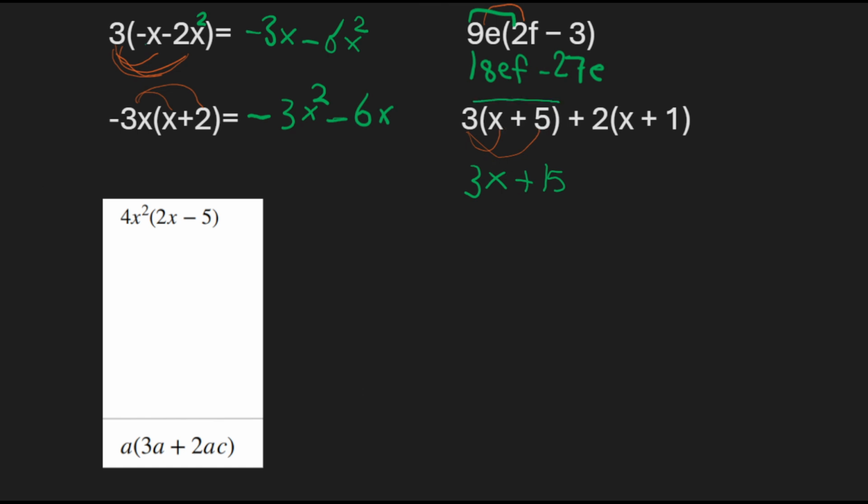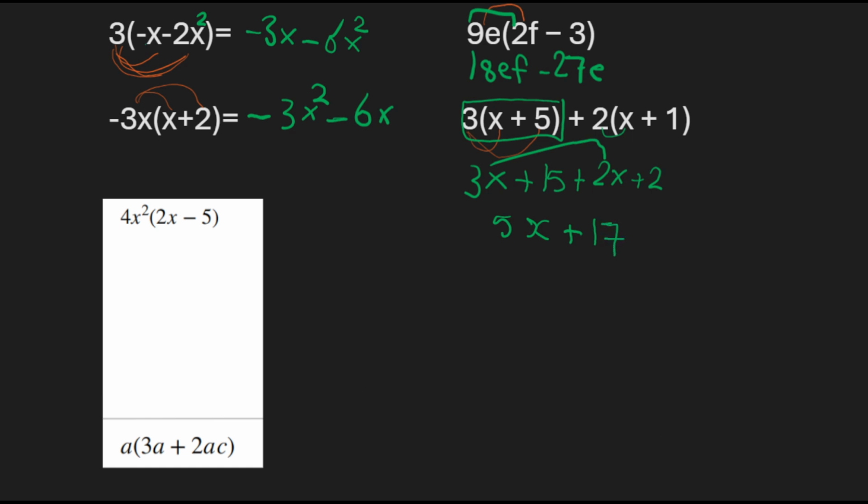This bracket here is done. Now let's just do plus 2 times x, 2x, plus 2 times 1 is 2. Now collect like terms. 3x and 2x just looks like 3 bananas plus 2 bananas, so it's 5 bananas. So it's similar. 5x plus 15 plus 2 is 17. That's it for this question.